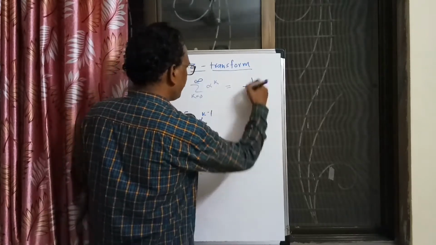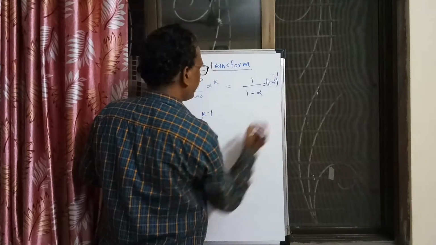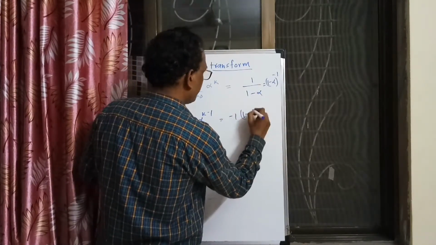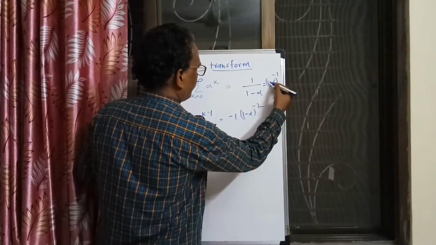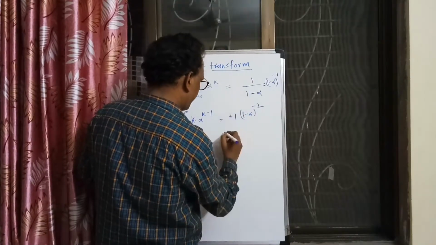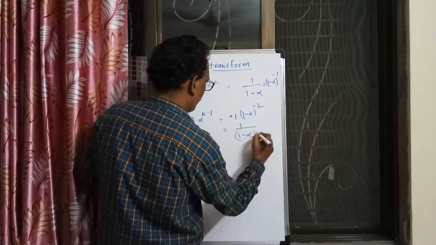What is the derivative of the right side? It is (1 minus alpha) raised to minus 1. Its derivative is minus 1 times (1 minus alpha) raised to minus 2, and the derivative of minus alpha is minus 1. So it is plus, and the result is 1 over (1 minus alpha) whole square.